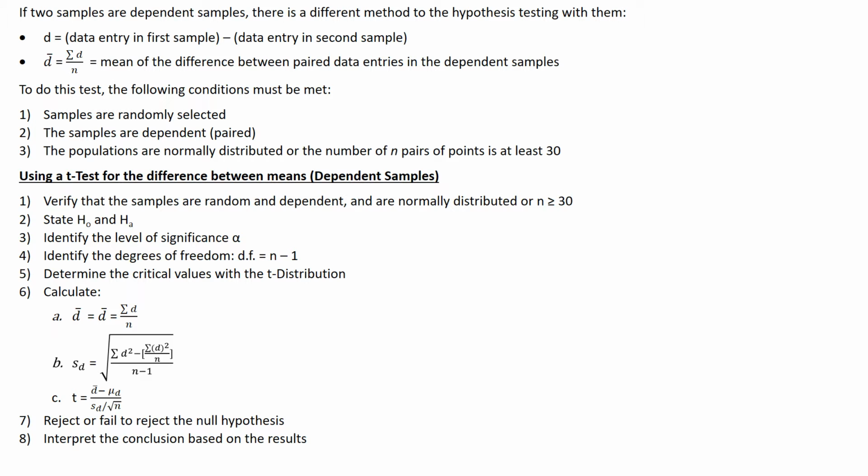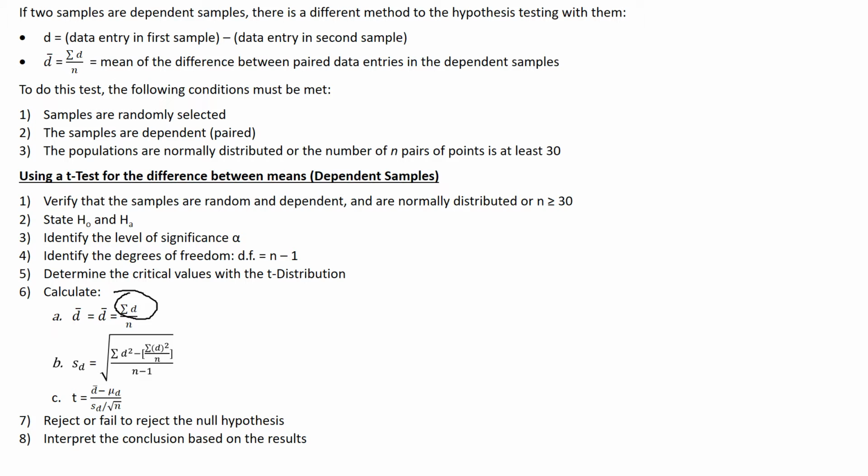Now, the formula here, again, this is not hard, but it is rather convoluted. You need to find several things. We're going to use the t-table for this. But before we do that, we have to find our distribution levels. This right here is the sum of the d's.